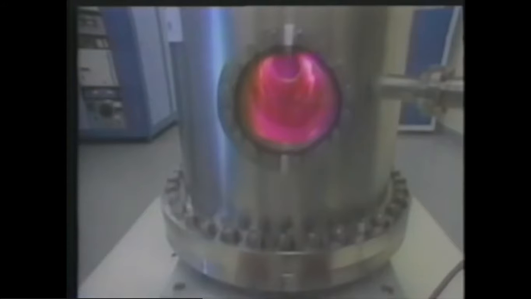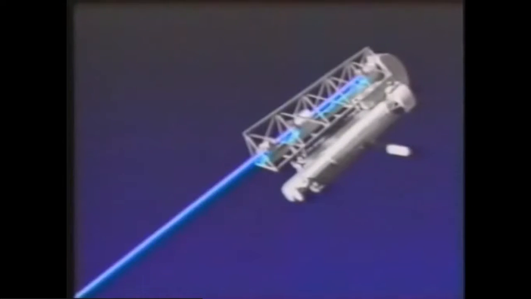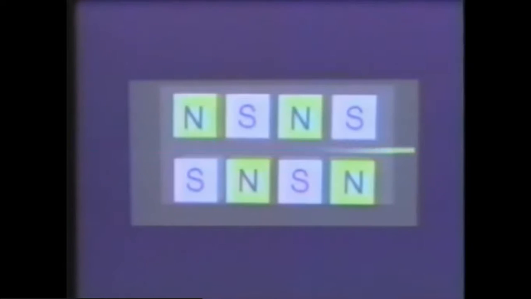The KKVs, or kinetic kill vehicles, carry no explosive warheads of any kind. More on that later. Phase 2 focuses more on the mid-course and terminal threat through the use of DEWs, or directed energy weapons. These are speed-of-light weapons involving such technologies as neutral particle beams, free electron lasers, and chemical lasers.